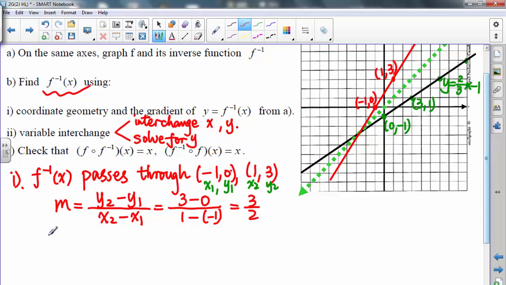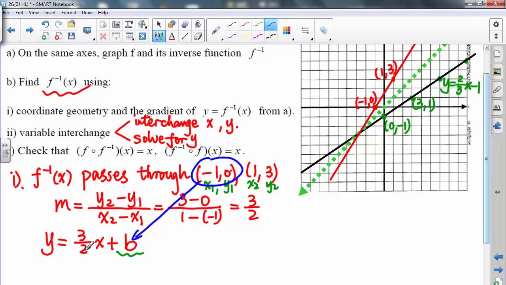2. That means my inverse function should look like y equals 3 over 2x plus b. So right now, I only need to look for this b value, which is also the y-intercept point. How can I find this y-intercept? I can plug either of these 2 points back into this equation. For example, I use the first point.